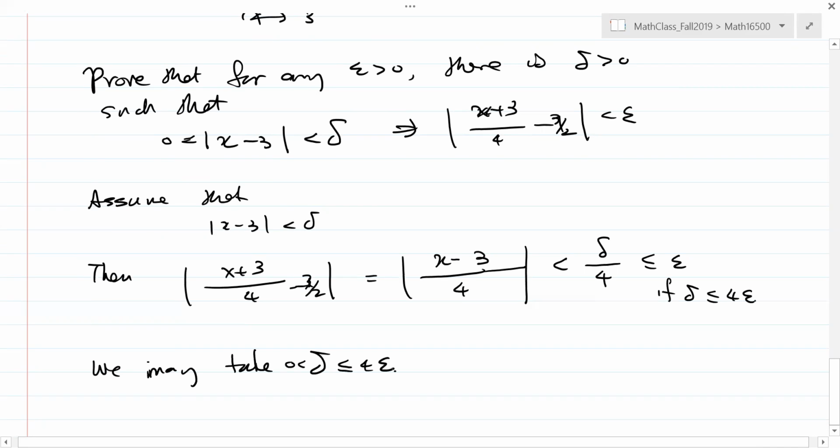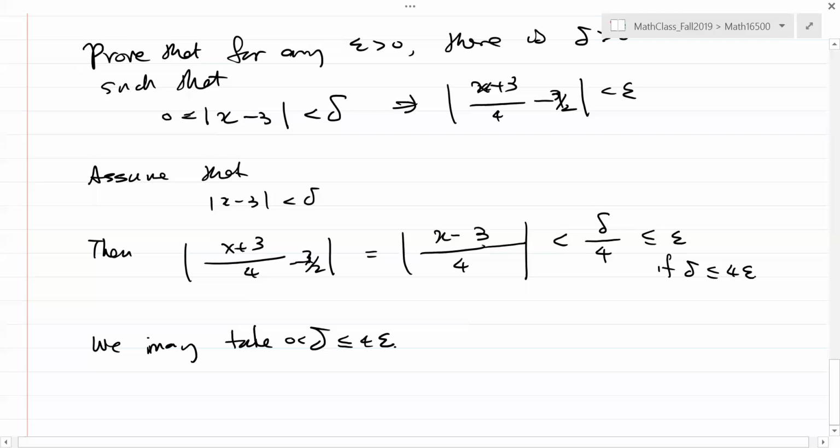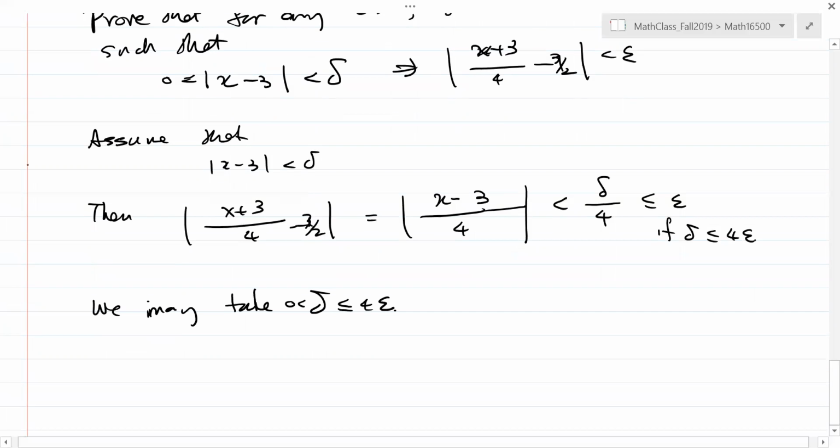If that is true, then the above argument is always true. The inequality absolute value of x minus 3 less than delta implies the right hand side is true. Okay. So then you go backward.